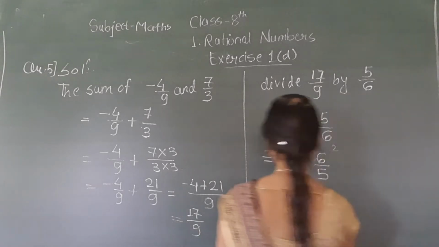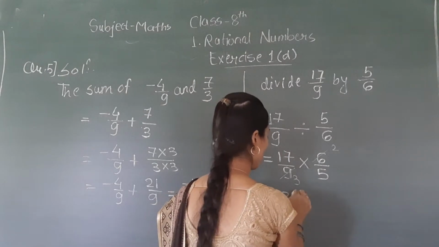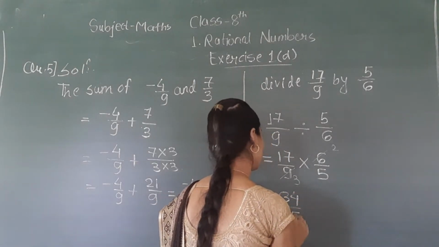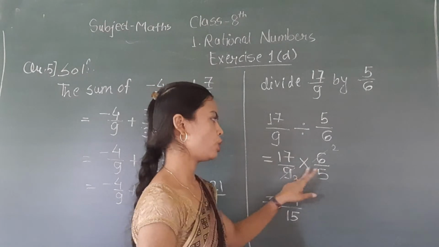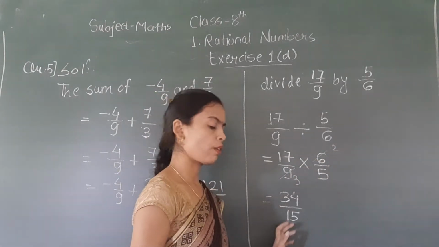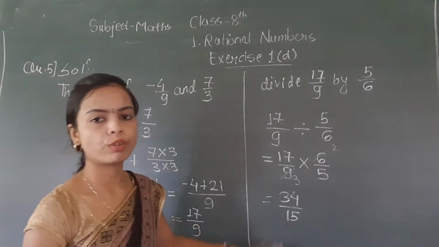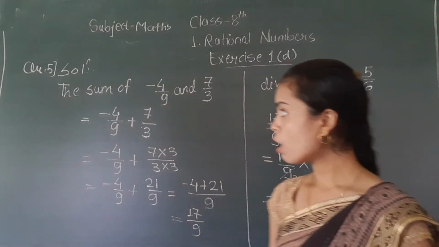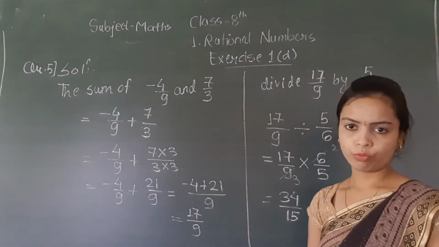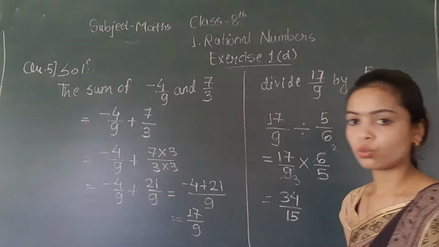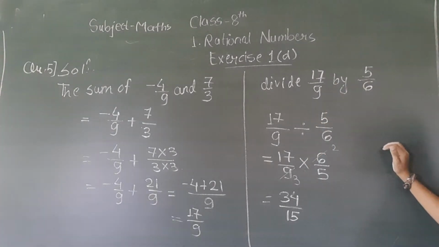Here the answer is 34 upon 15. Why 34 upon 15? Because 17 2s are 34 and 3 5s are 15. So your final answer is 34 upon 15 for question number 5. Okay? So write it down or take a screenshot fast.